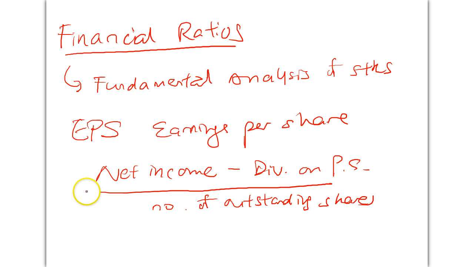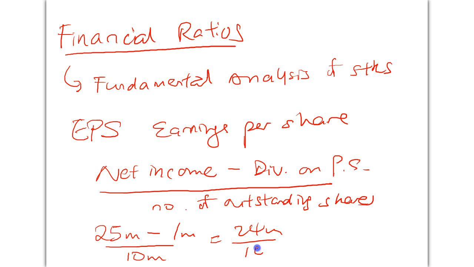So assume, for example, a company has a net income of 25 million and it has given out 1 million in preferred share dividends. So we subtract 1 million, and if it has 10 million shares outstanding, hence the earnings per share would be 2.4.